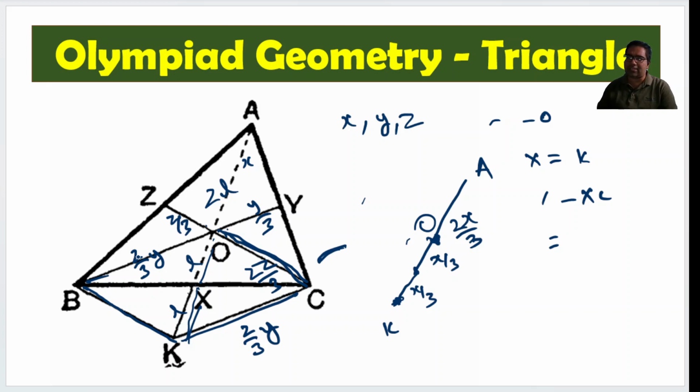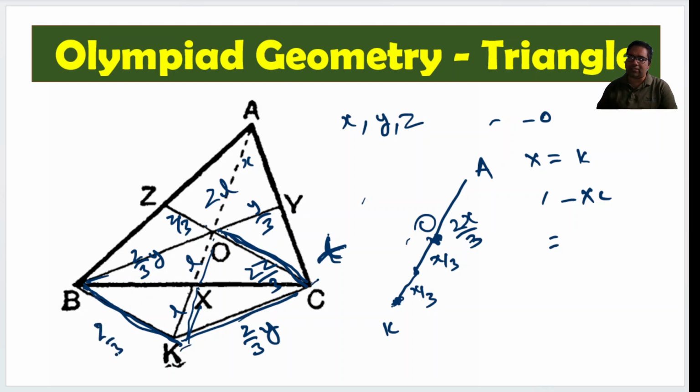So BO is actually 2 by 3 y. From O, let's draw one arc equal to 2 by 3 y. From x it is 2 by 3 z. This is 2 by 3 z because this is a parallelogram, so this also is 2 by 3 z. Similarly, this is 2 by 3 y, and this is also 2 by 3 y.